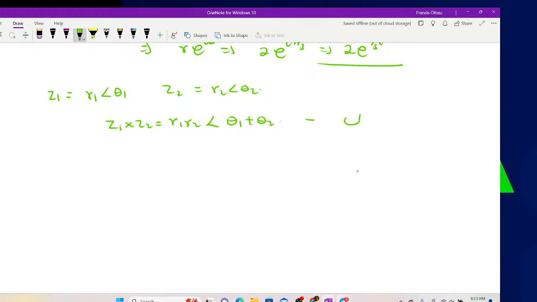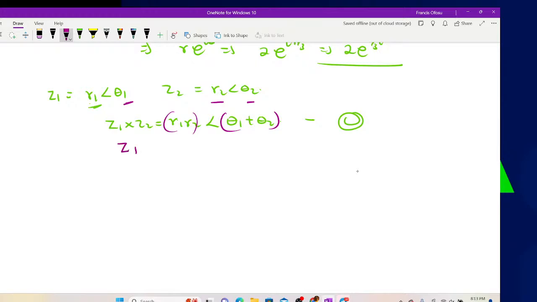This is the first identity of the polar representation which I want to show you. If you are multiplying two complex numbers in their polar form, we simply multiply the moduli, then add the angles together.